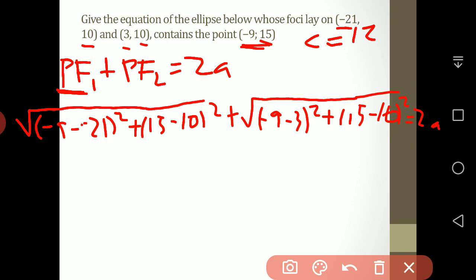So this will now be equal to negative 9 minus negative 21, that's just positive 12 squared, that's 144. Then 15 minus 10, that's 5, squared, that's 25.